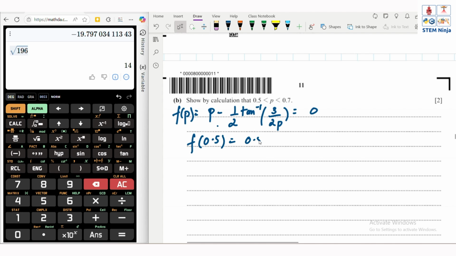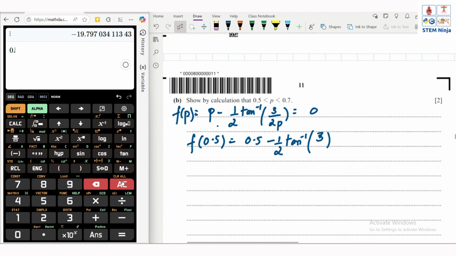we get 0.5 minus half tan inverse of 3 divided by 2 times 0.5, that is just 1. So 3 divided by 1 is that.